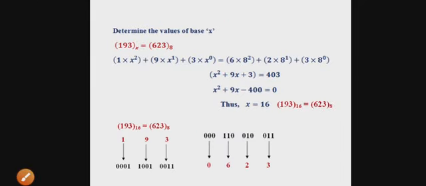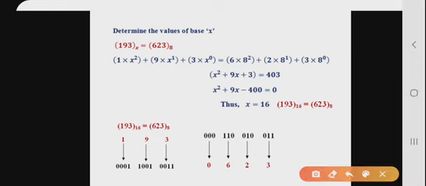Other conversions are like 193, we need to find the value x. The procedure is similar, but in this procedure we can also check our answer by our own method. The answer is 196, that is a hexadecimal number, and that is equivalent to 623, which is an octal number.